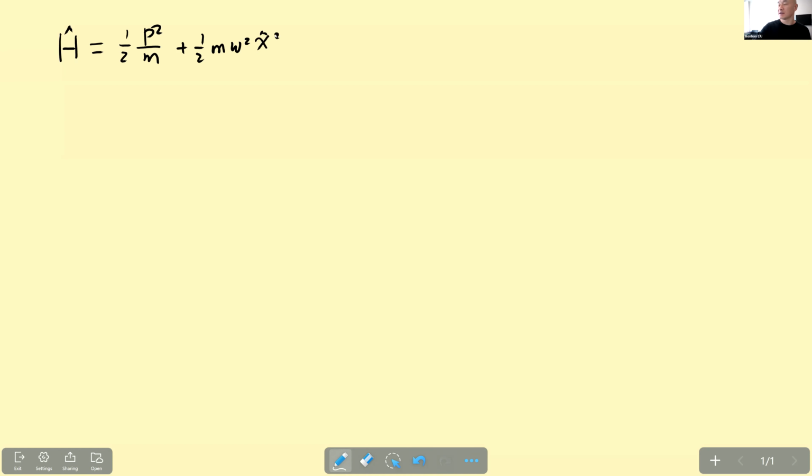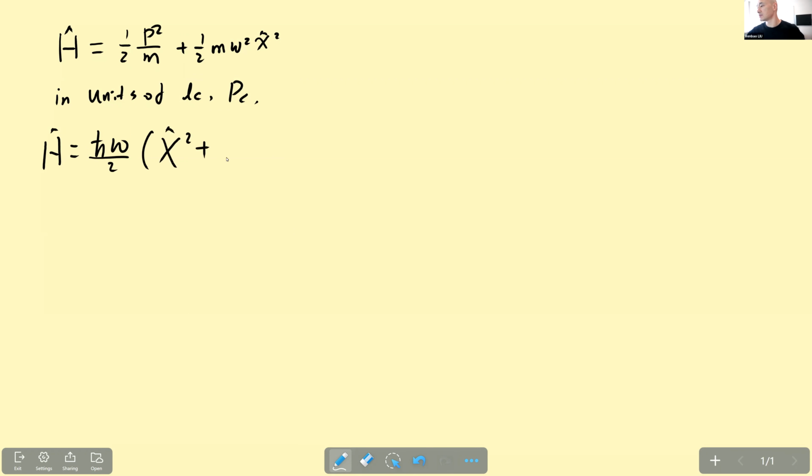And then we, in units of the characteristic length and momentum, this Hamiltonian can be written as x squared plus p squared. So it's a very symmetric form, okay?